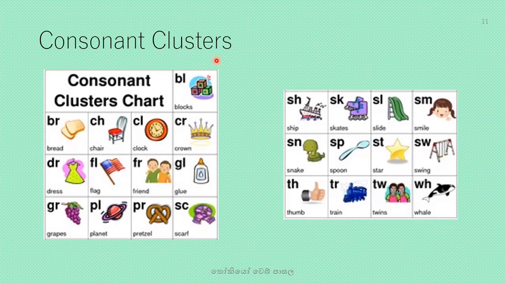So here we combine consonant letters in a word without having any vowel in between them. As an example, you can see B and L. You can pronounce this as blocks. In between B and L, you do not have any vowel, but you pronounce it as blocks.